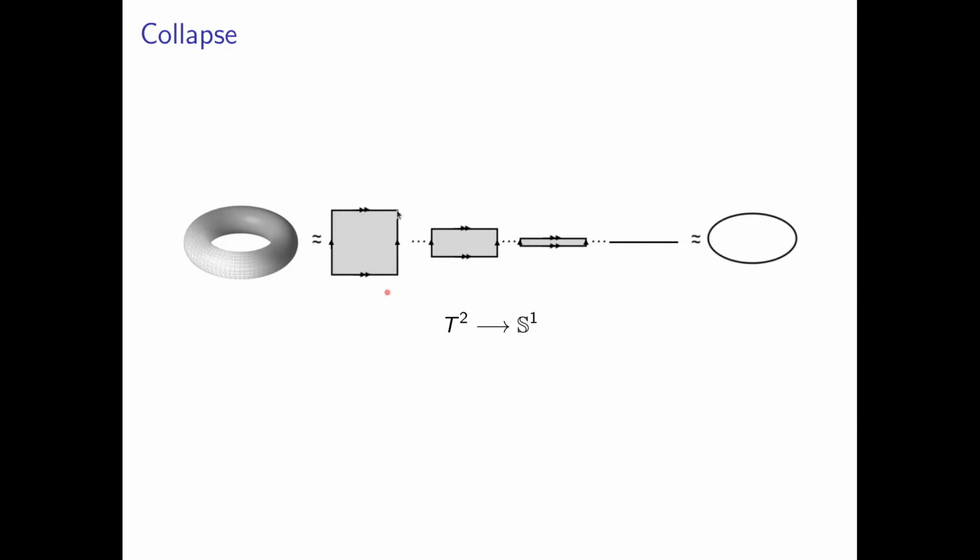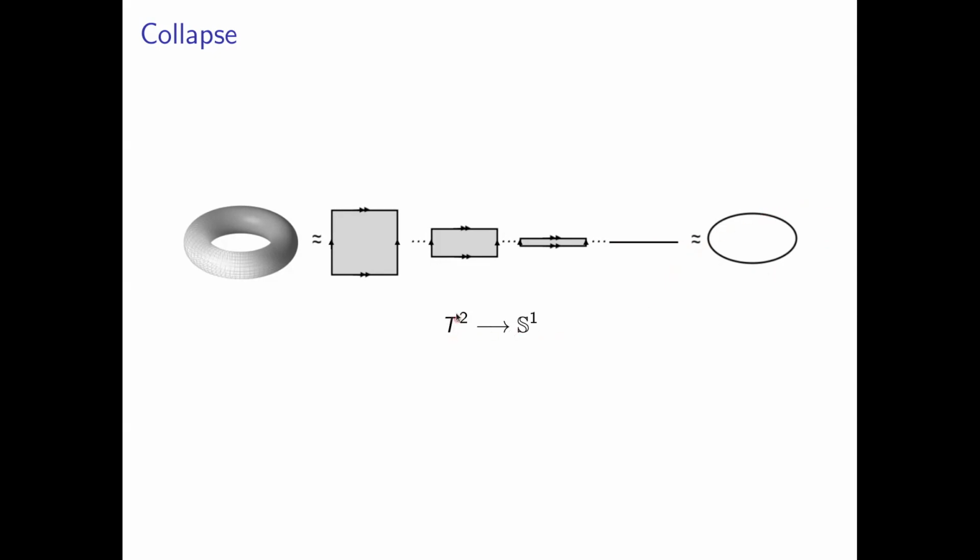This would correspond to shrinking one of the sides of this square. This is what I'm drawing here. And then in the limit, you converge to this interval here. But remember, this point is identified with this point, so we get a circle.